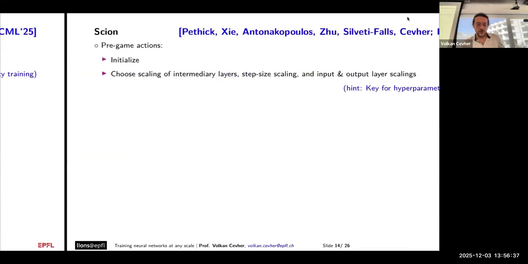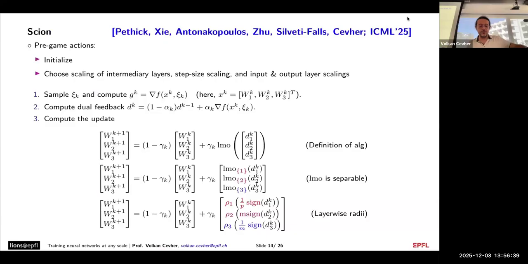All right, so here is the algorithm. Pre-game actions, you initialize. There is a whole theory for this that I'm happy to talk about in the afternoon if those of you are interested. You choose the scaling of the intermediary layers, step size, input and output layer scaling. There's a ton of theory that goes through here. You get your momentum estimator.